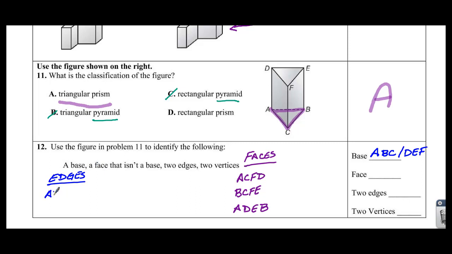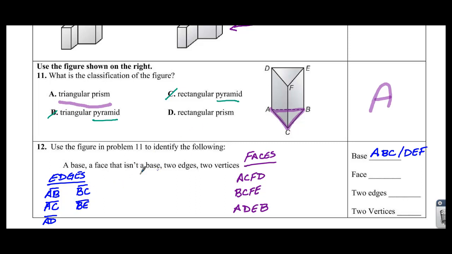So AB, AC, or AD, or, and I'm going to make a whole list here, and you just have to pick two out of this list. BC is an edge, and BA, but we already listed that one, and BE.